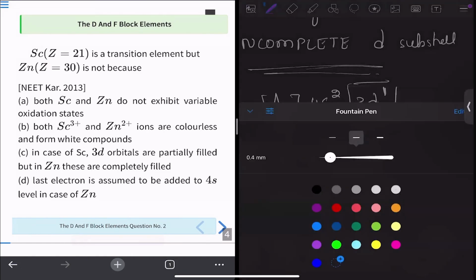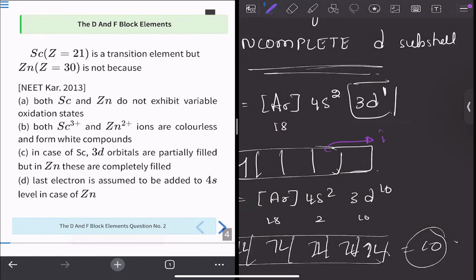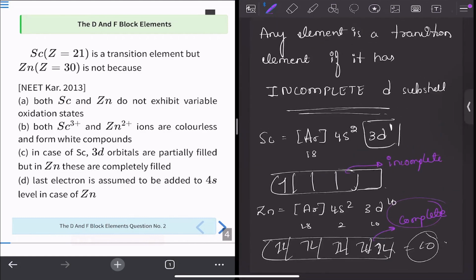Scandium is incomplete, and zinc is complete. As it is complete, it does not match with the definition. The definition is: any element is a transition element if it has an incomplete d subshell.